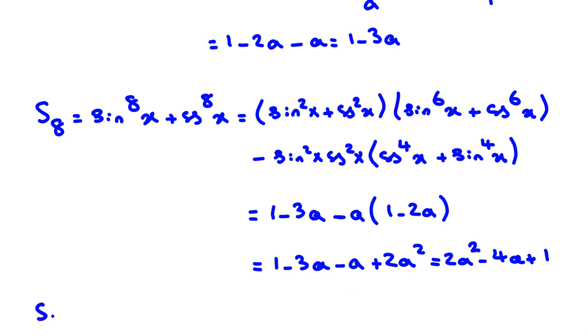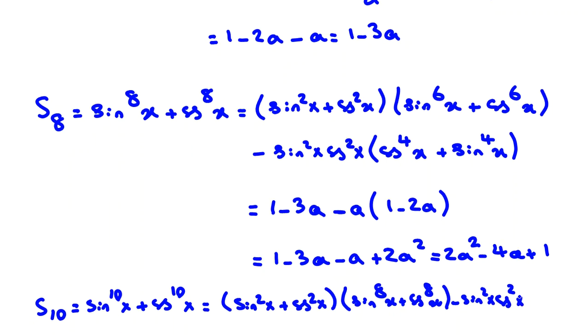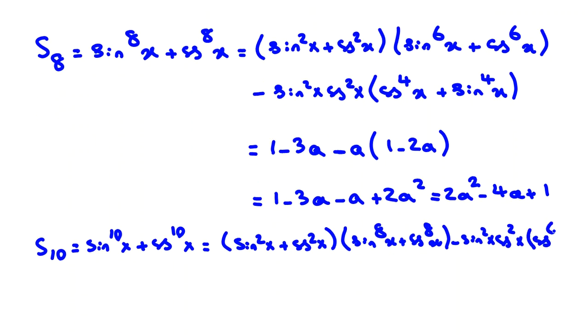If we want to find S10, sine 10x plus cos 10x, you can say easily 1 times the previous one minus a times the two-previous one. So I write sine squared x plus cos squared x times sine 8x plus cos 8x, minus sine squared x cos squared x times cos 6x plus sine 6x.